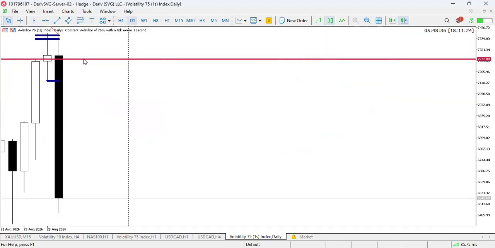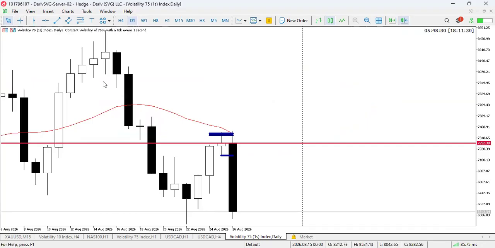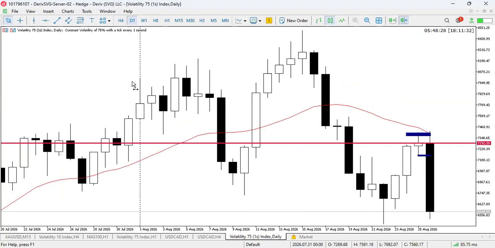Now I'm going to mark the closing price of that candle of yesterday. Of course, it is at the same place as the previous day, so we are very confident that the market is going to fall.